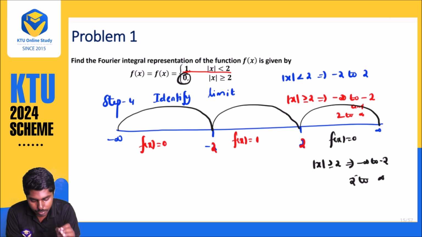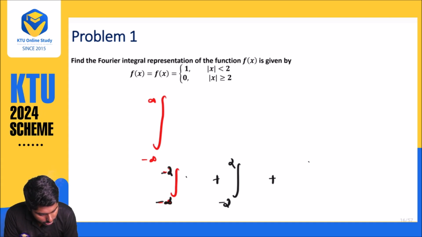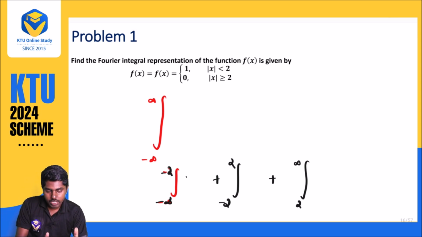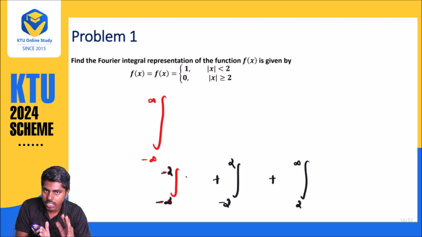This is the way the limit is going. Why I am writing it this way, we will understand. So we have identified the limits; this is how the limits are divided into three parts.